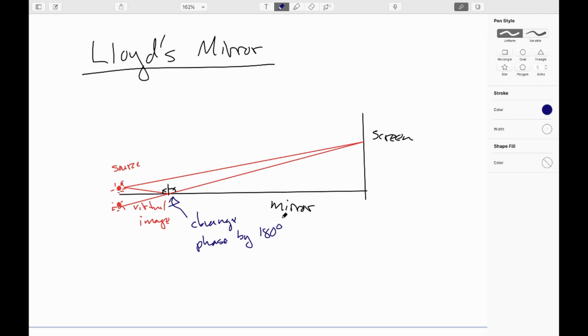So that means if you had a crest of light hitting the mirror, it reflects back as a trough. If you have a trough of light hitting the mirror, it reflects back as a crest.